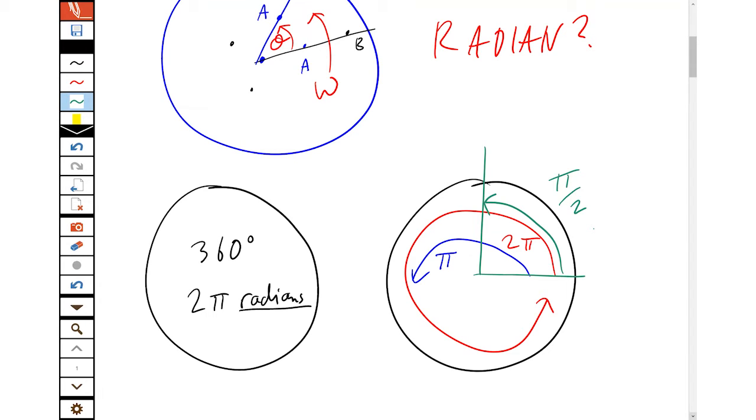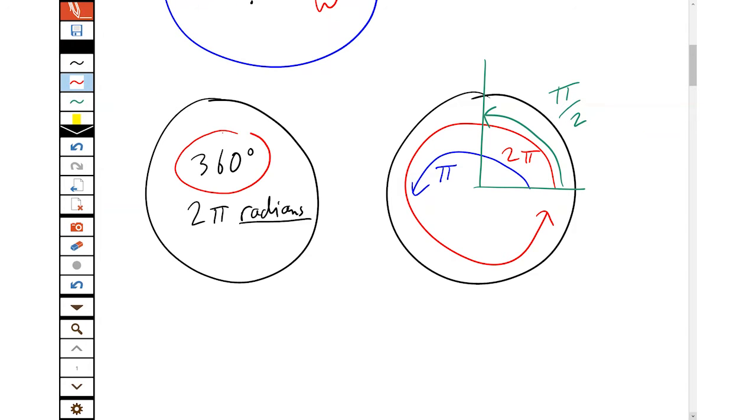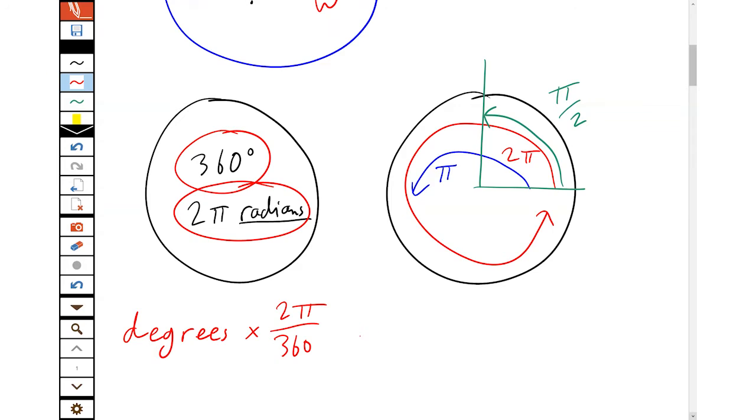Don't worry, you don't have to memorize these or anything, but you'll see them several times and it gets easier to remember. And you can always convert. We remember there are 360 degrees and 2 pi radians in a circle. So to convert, you can use your calculator or you can go degrees multiplied by 2 pi over 360. And if you want, that even simplifies down to pi over 180.